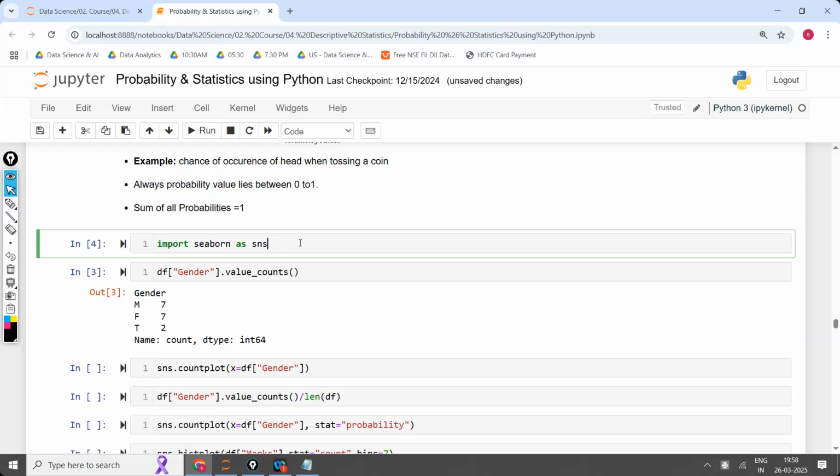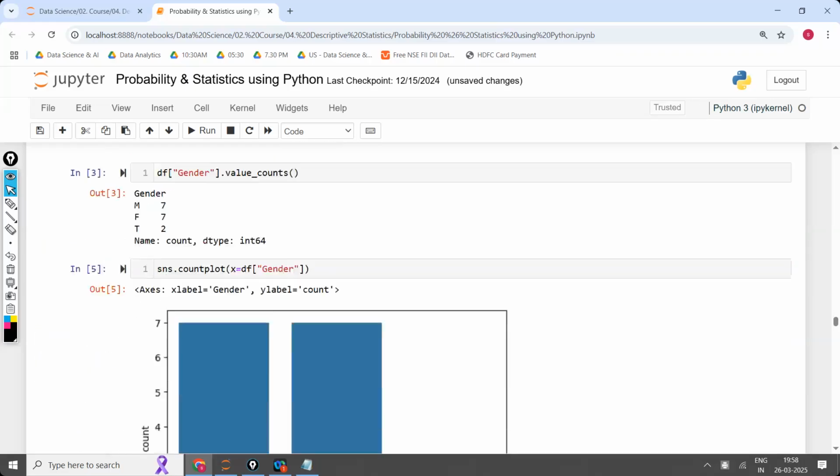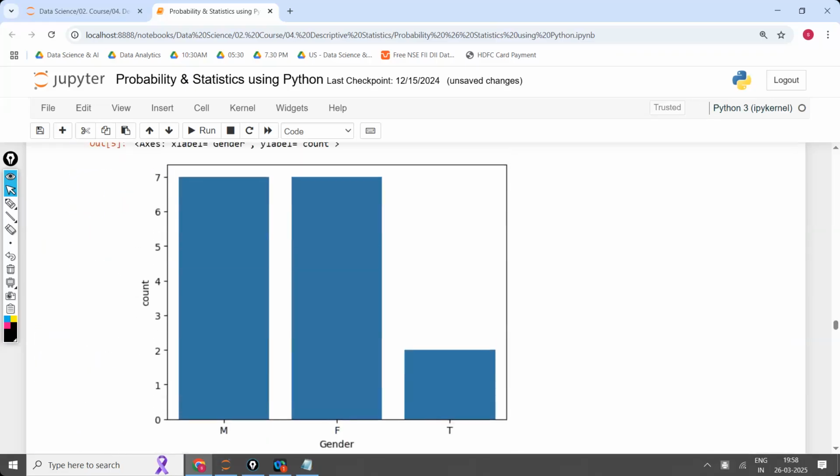Every function is a plot. In seaborn, one function we have already completed: box plot. Now we are going to use one more function, called countplot. And you are going to get males 7, females 7 and T's 2. This is called frequency distribution.